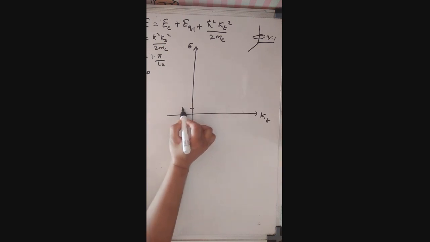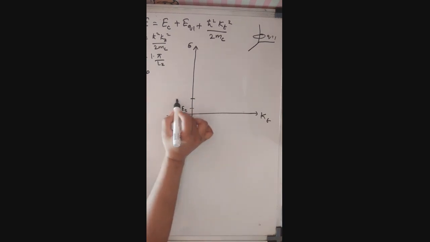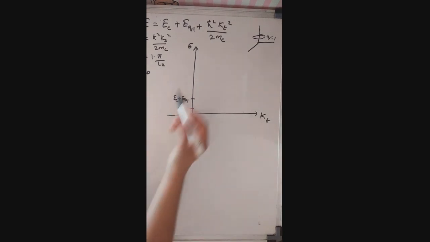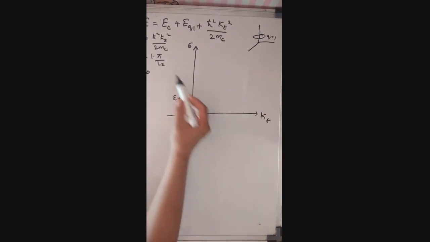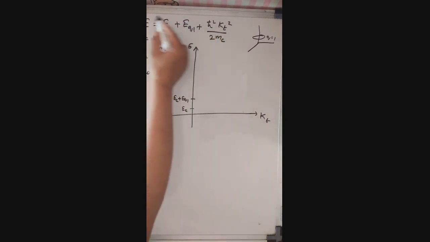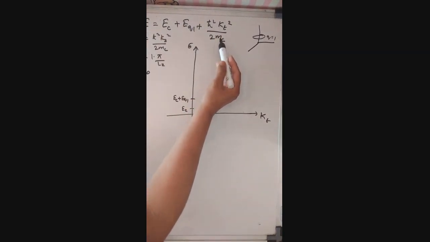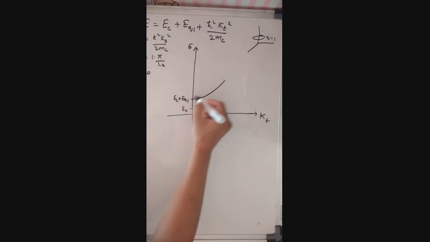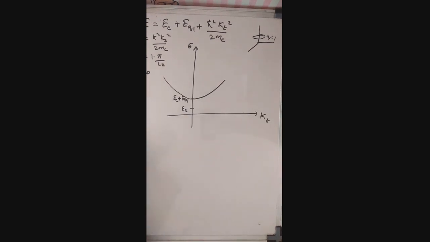So if I mark this point as EC, I have to mark upwards, this is your EC + EQ1. And now when kt increases, we can see that this is a parabolic approximation again. So the graph will change parabolically. It will go this way, on both sides.